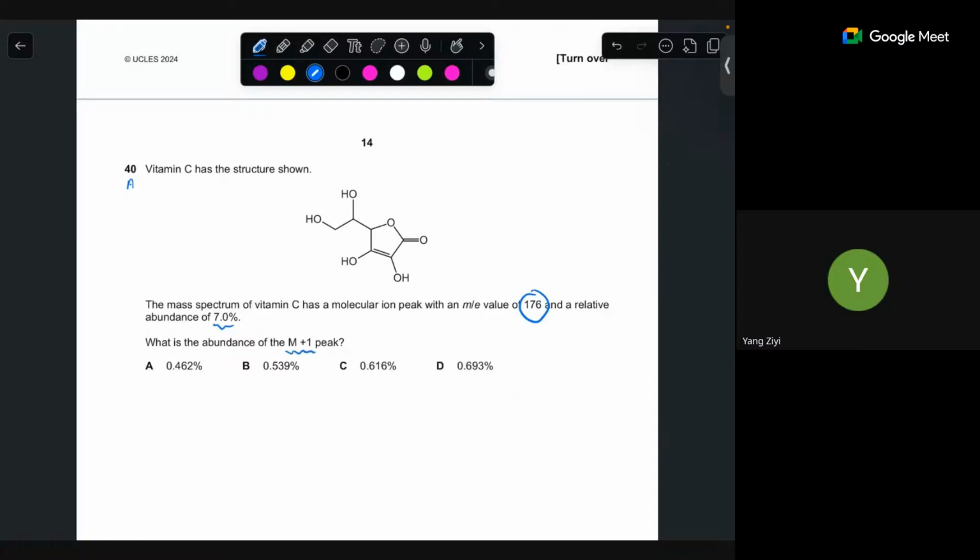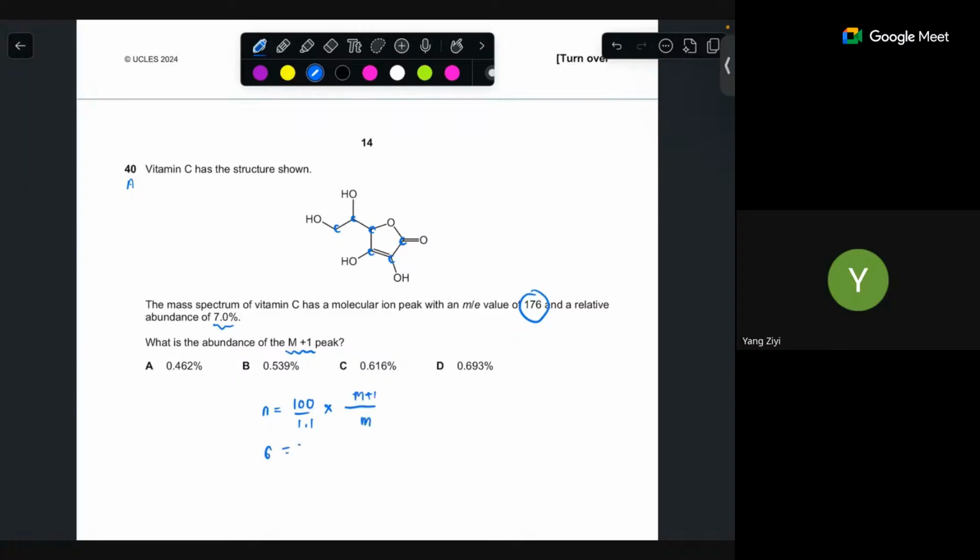So calculate the number of carbon first, 1, 2, 3, 4, 5, 6, 6 carbon. So the formula is N equals 100 divided by 1.1, times the M plus 1 over M, that peak.